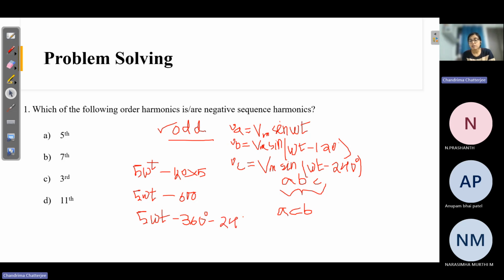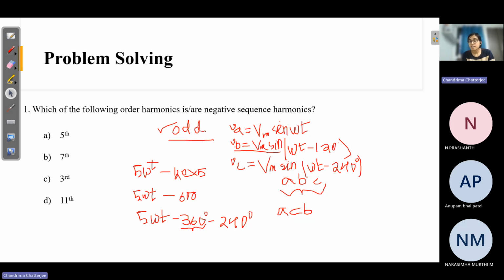Ultimately, you will get 5 omega t minus 240 degree, because 360 degree, then it will be periodic, one full cycle. So see, for B phase, the fundamental one is omega t minus 120 degree, but for fifth harmonic, it is 5 omega t minus 240 degree.